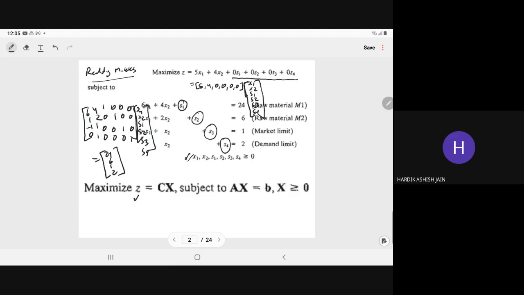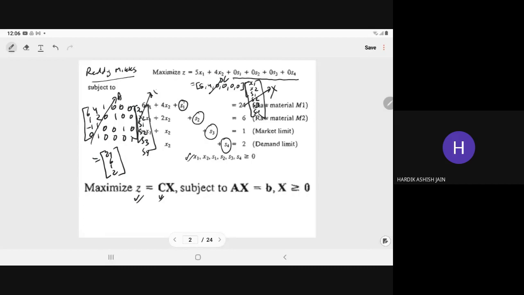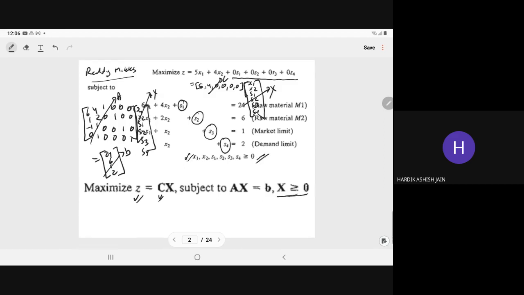Here we have the problem: maximize z equal to c times x, where c is this row matrix and x is this column matrix, subject to A x equal to b, where all x are greater than or equal to 0.